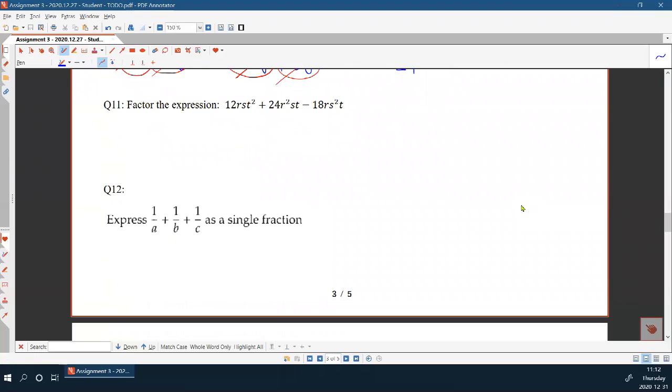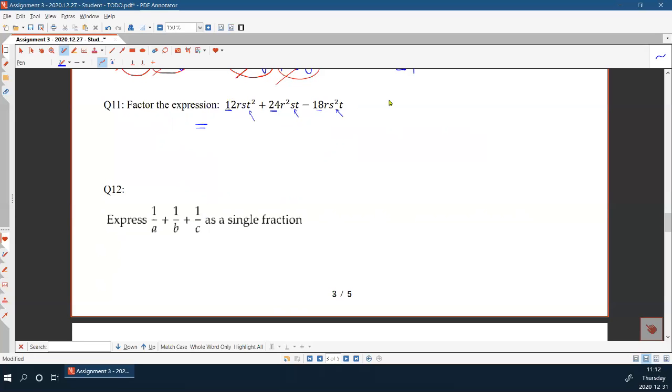No question. Let's see question 11. Okay, factors of expression. By observation, we consider the coefficients and the letter terms separately, okay?